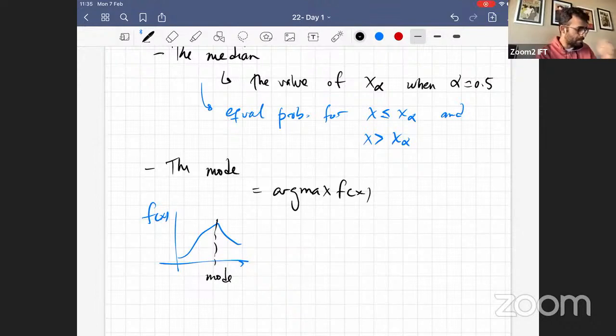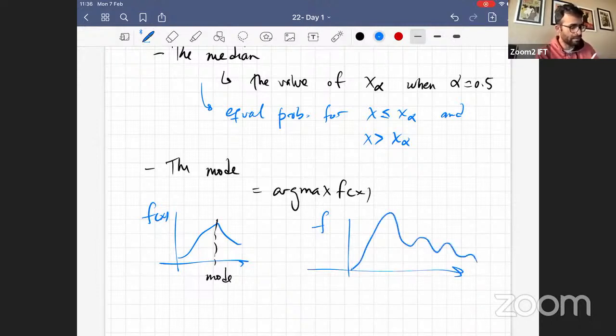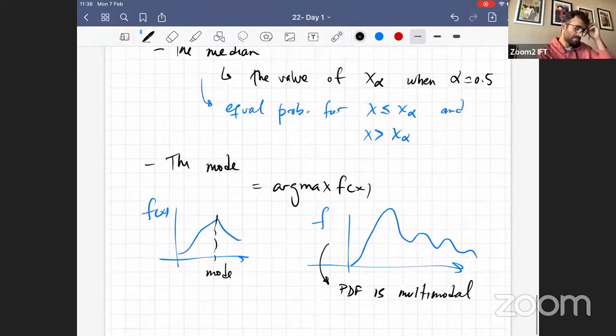But this is a simple example; there are more complicated examples where you have some behavior like this. And when you have behaviors like this, we say that this PDF is multimodal. It's multimodal because you have many modes. One of the modes may be the largest mode, the global maximum, but you may have several of them.